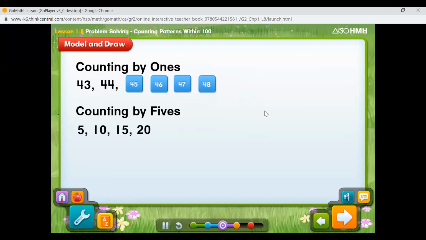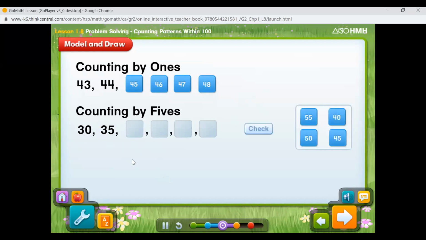Let's look at another way of counting. You can count by fives saying 5, 10, 15, 20. Think about counting by fives starting with different numbers. As you say each number, it is 5 more than the number before it. Drag the numbers to the boxes to continue counting by fives, then check your answer.